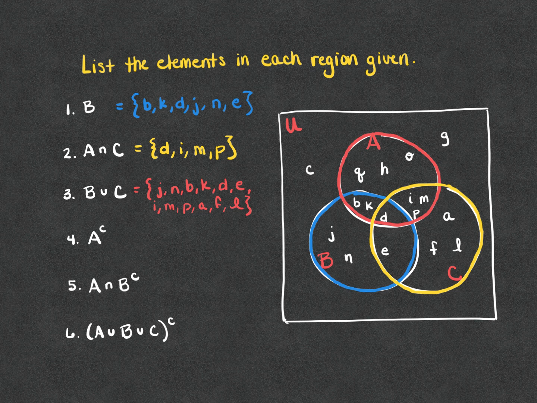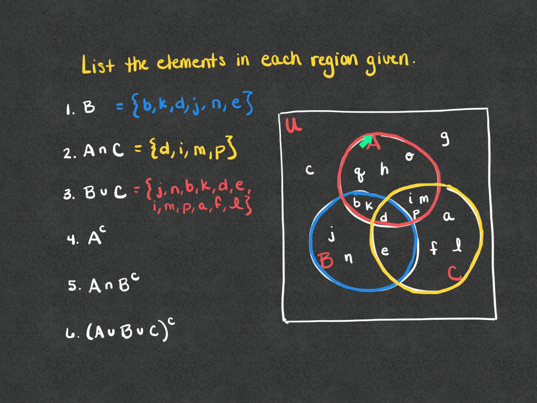Okay, next up we have A complement. A complement is everything outside or not in set A. When we look at all of the elements outside of set A, we are looking for all of the elements that are not inside this circle.